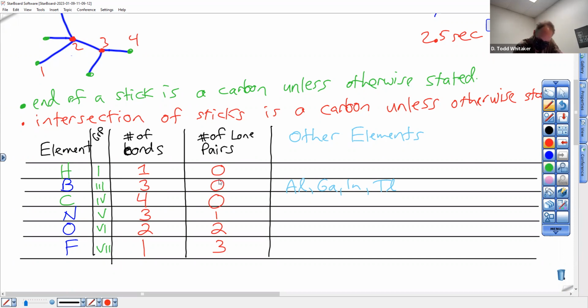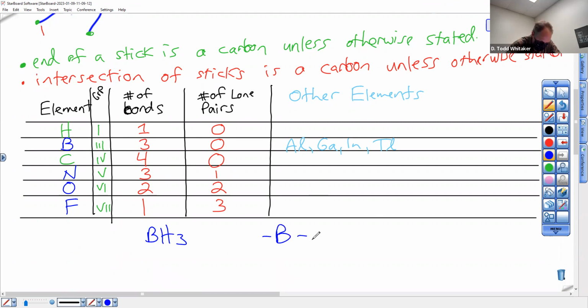Think about it, BH3. It's right here. We got 3 for boron and 1 for each hydrogen. So that's 3 plus 1 times 3 equals 6. You only have 6 electrons available, right?